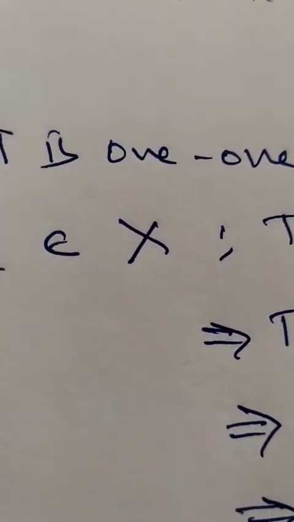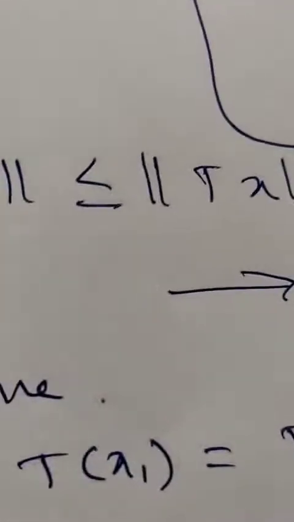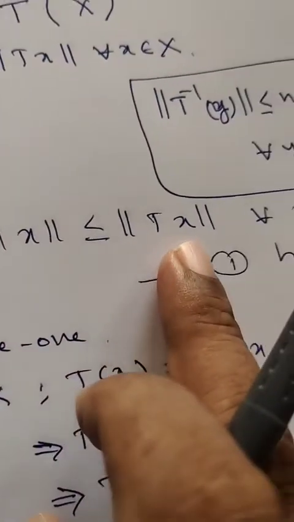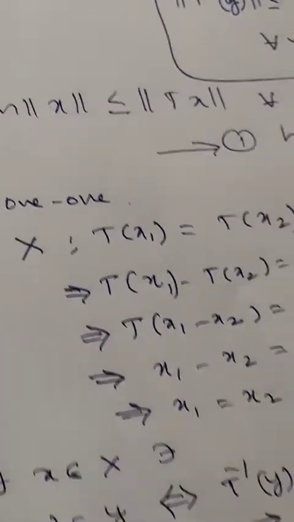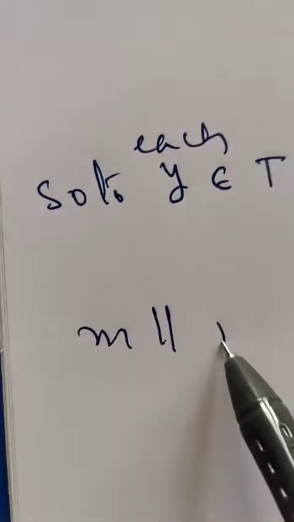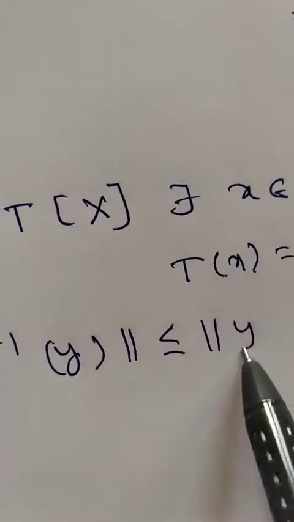Then equation 1, which we denoted by m times norm of x less than or equal to norm of T of x, becomes what? This is m times norm of x, where x is T inverse of y, less than or equal to norm of y.